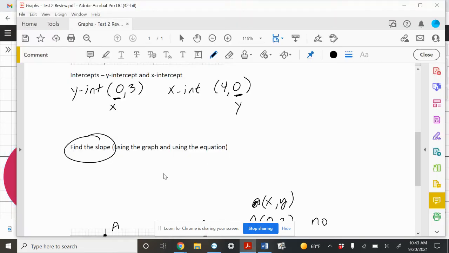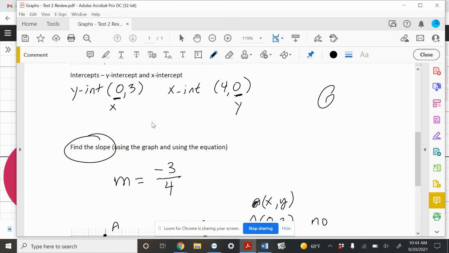So that means if I'm trying to find the slope here, m, which is my slope, is go down 3, so negative 3, and to the right 4, which is positive. So there's my slope, negative 3 over 4.